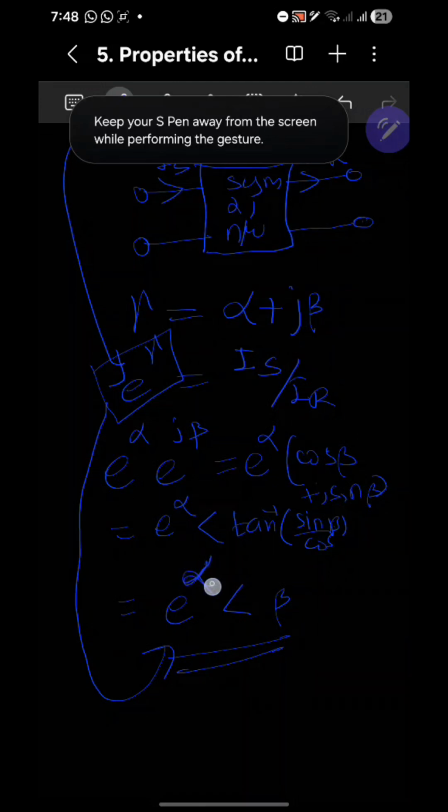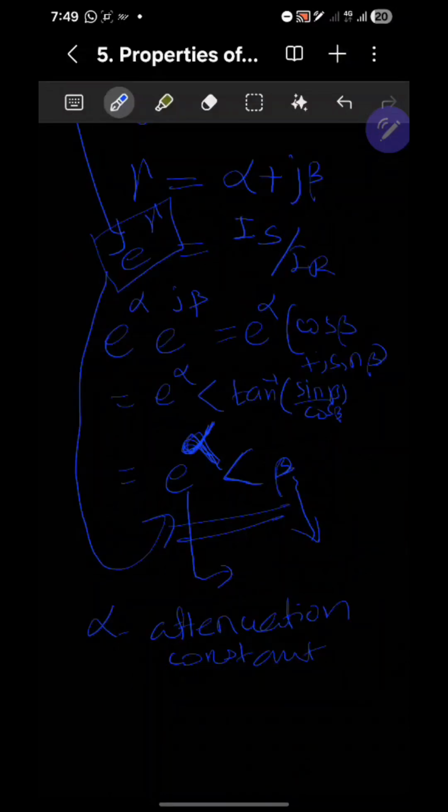So we know that from a complex number point of view, this is the amplitude term. So that is why this is called attenuation. Alpha is called the attenuation constant, and beta is the angle. That's why it is called the phase constant. So alpha is the attenuation constant, which will give an idea how much the magnitude of the current is reduced with respect to the sending current.